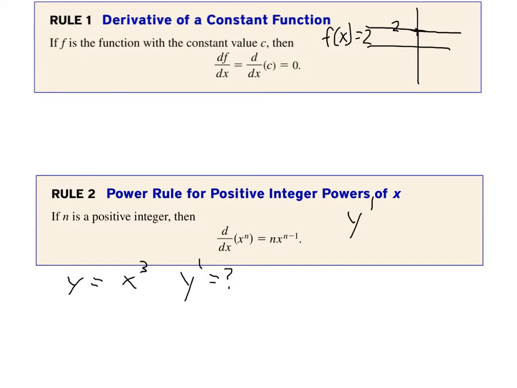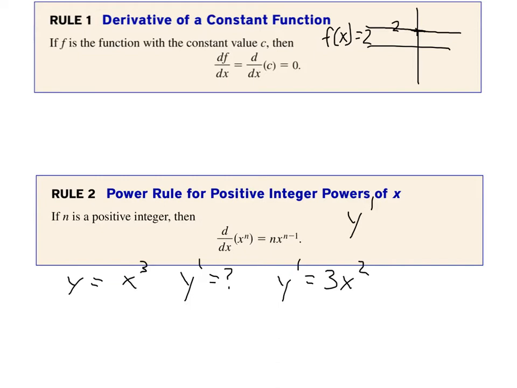So y prime equals, move that power down in front, 3x, and then we take 1 off the old power. So the old power is 3, 3 minus 1 is 2. So that would be the derivative of x cubed.